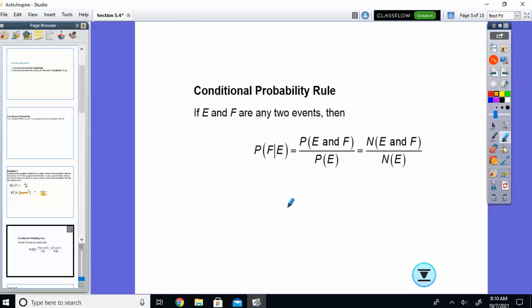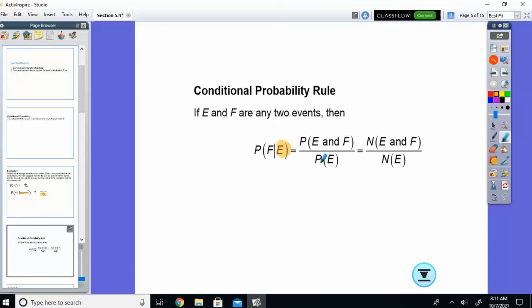We could also be looking at complements with this, the same holds. This is all on your formula sheet, so it's up to you if you write it down in your notebooks. You can think of it as also, if I tell you that E doesn't happen, then your denominator would be the probability that E doesn't happen, and on the top, not E and F. So what I need you to realize is that if you have a condition, the denominator changes.